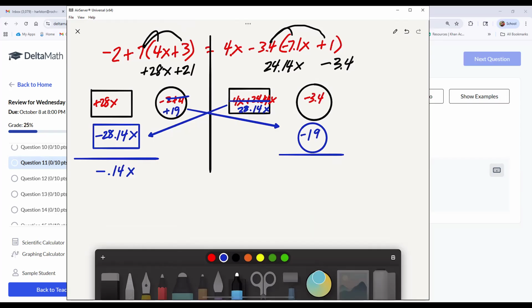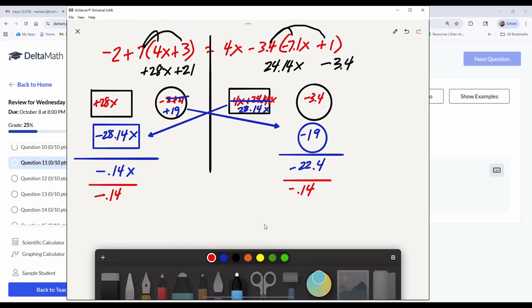And then over here, I have a negative 3.4 minus 19, so that's going to be a negative 22.4. Okay, now last step is divide by the coefficient, so I'm going to be dividing by a negative 0.14, and then I'm going to have 1x over here.